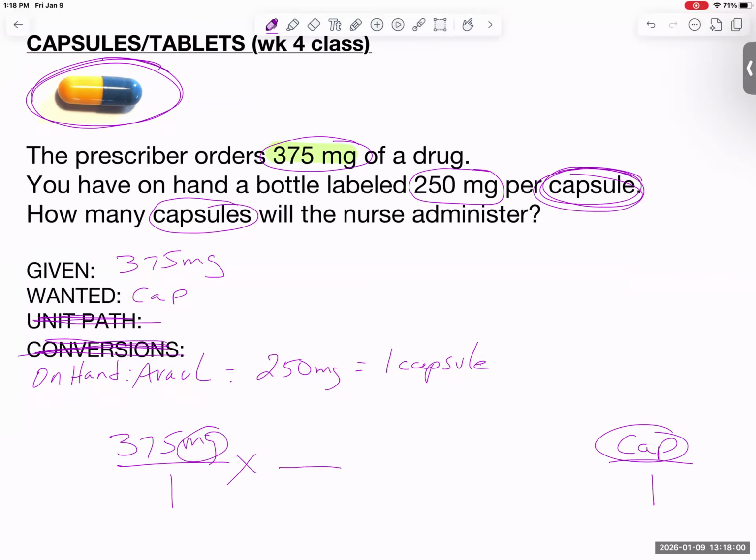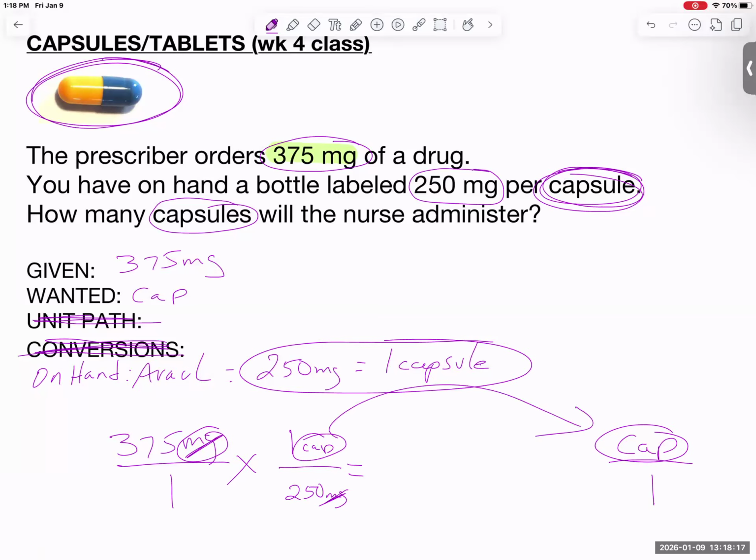What do I use? You use 1 capsule over 250 milligrams. Yes, I use what's available to me. 1 capsule is 250 milligrams. So I cross off my milligrams and I'm left with my capsule. Boom. So now 375 times 1 is 375 and 250 times 1 is 250.